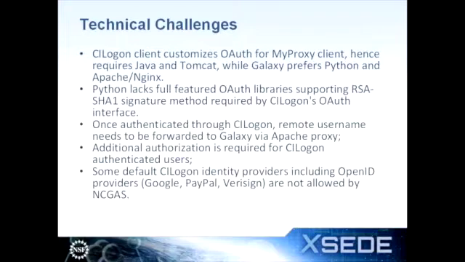Once the user is authenticated through the CILogon, we need to forward the remote user's username that's needed by the Galaxy through the Apache proxy. Also, additional authorization is required for the CILogon authenticated users. Finally, some default CILogon identity providers, including those OpenID providers such as Google and PayPal, are not allowed by the NCGAS.